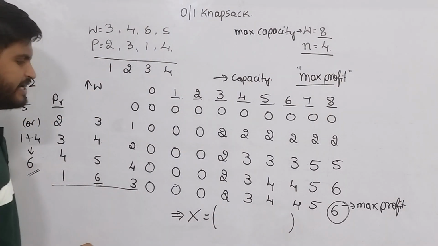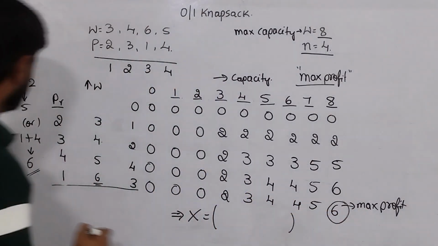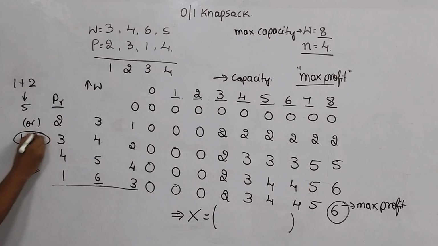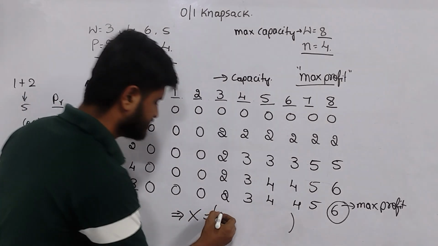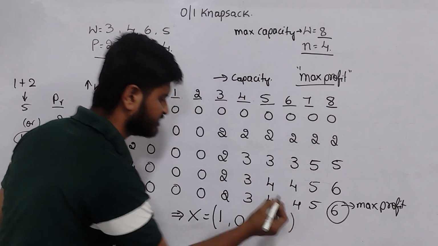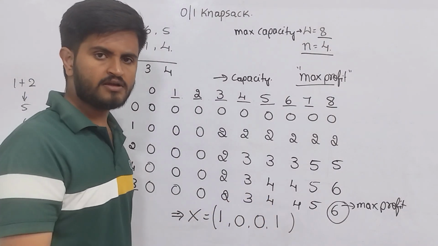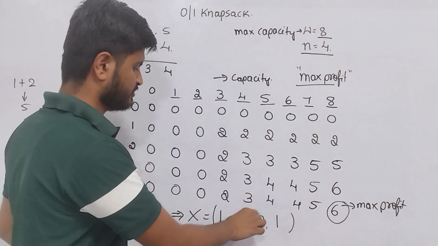Which items did I use to get the maximum profit of 6? If you see here, I used the first item and the fourth item to get the maximum profit of 6. So first item I used, second item I did not use, third item I did not use, fourth item I used. Which item I used, I put them as 1. Which item I didn't use, I put them as 0.